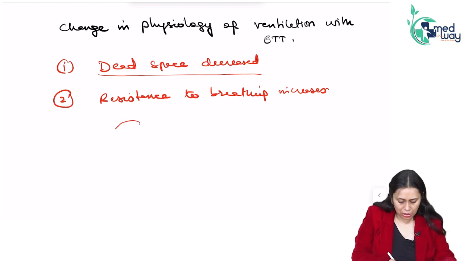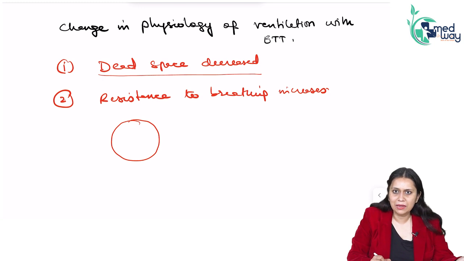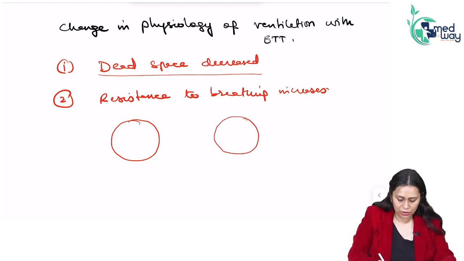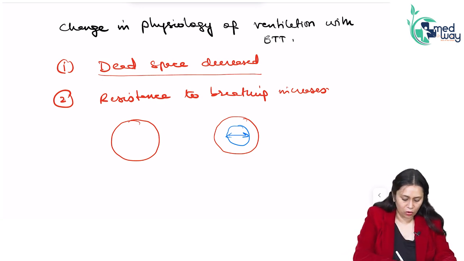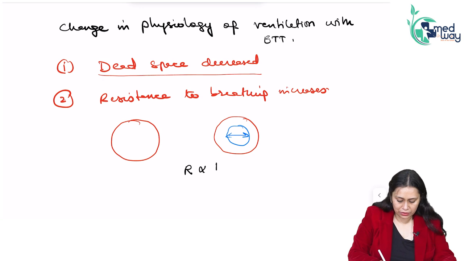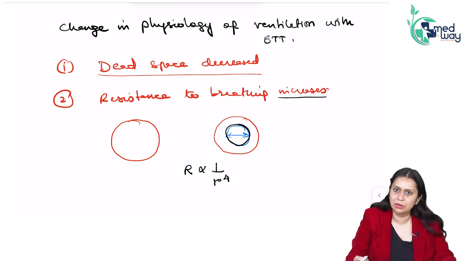Now this is the cross section of the trachea through which the air will pass naturally, and this is the cross section of the trachea with an endotracheal tube. So the diameter of the area through which the air is passing decreases. The resistance will increase. We all know resistance is inversely proportional to the radius to the power of 4. So mostly it is the radius, the diameter, which is responsible for increasing the resistance to breathing.